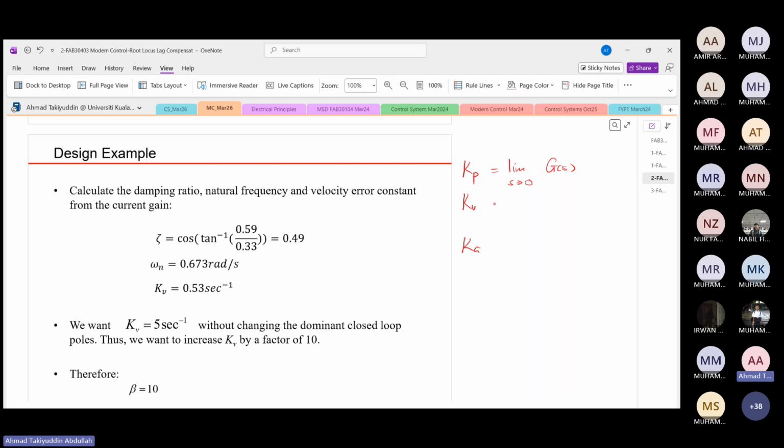As you want to find the Kv, Kv will be the limit as s tends to zero of s G(s), and Ka will be the limit as s approaches zero of s squared G(s). So this is the formula or the calculation that you are going to have to find the static error constants. They are not the same. Right, guys? Any other question?